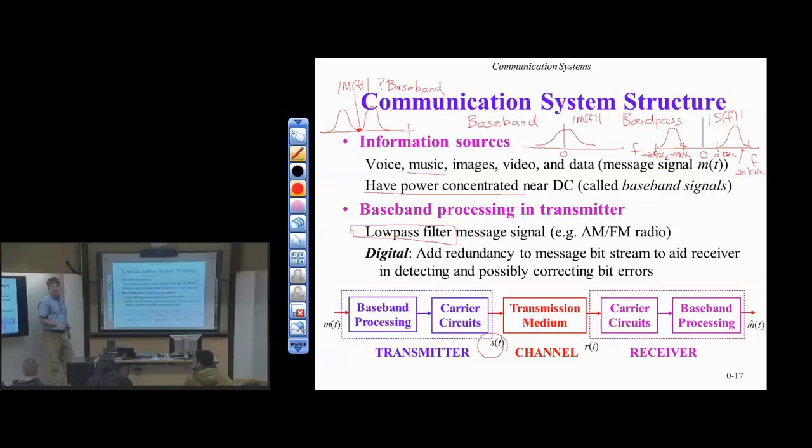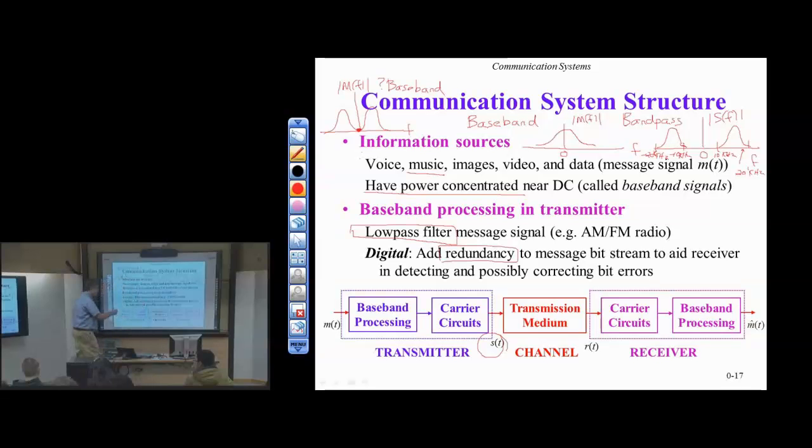The other things we can do here, and we'll do a lot more than that during the semester, if the message signal were a bit stream, we could add redundancy in the bit stream so that the receiver can detect if there's been a mistake, a bit error, which means at the very least repeat.